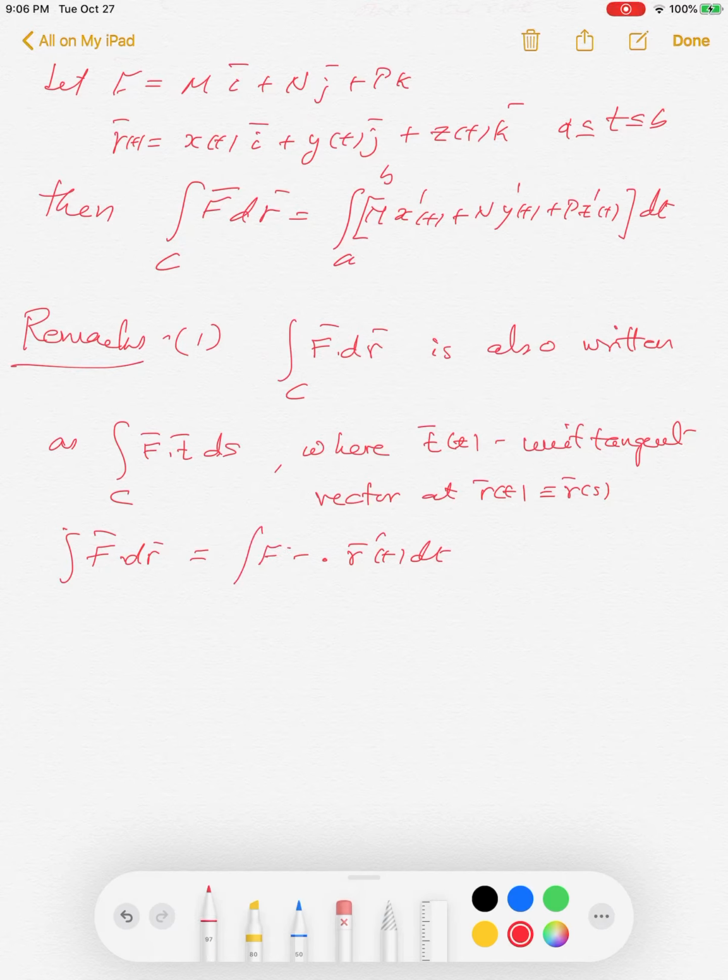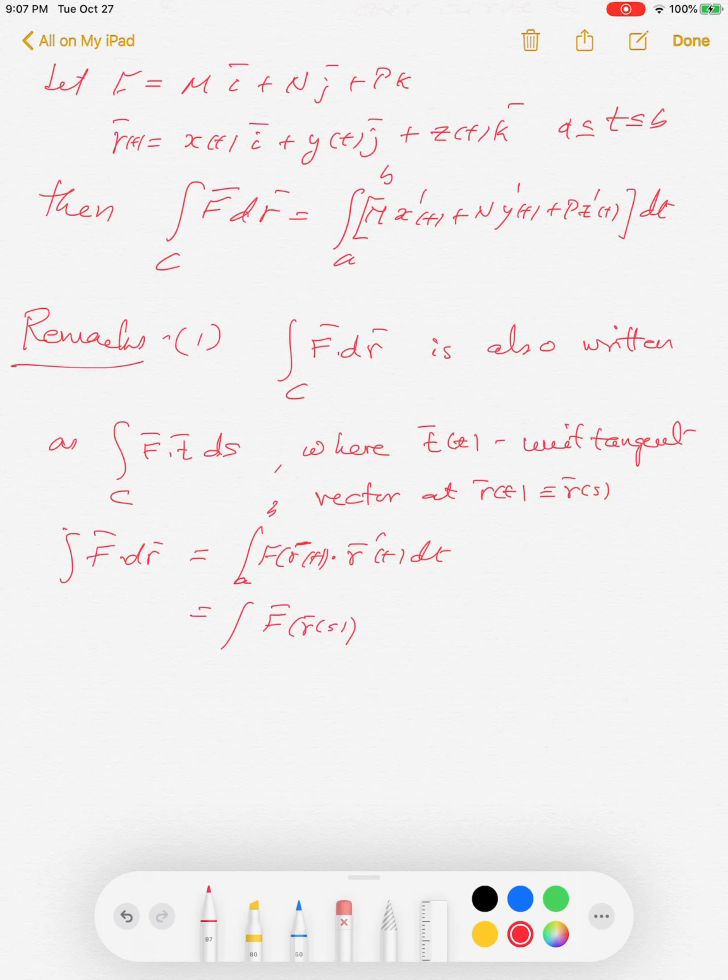Good. This means, let me write it a little more explicitly, by indicating f bar is a function evaluated at r bar(t). So we are taking the value of f bar at r bar(t) and dotting it with r bar prime(t), and this is the integral from a to b.